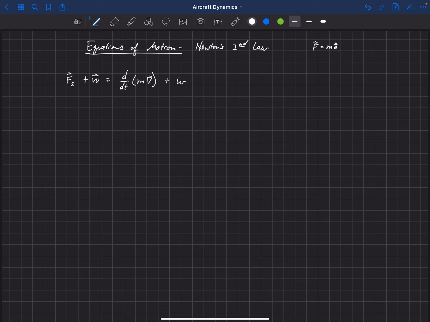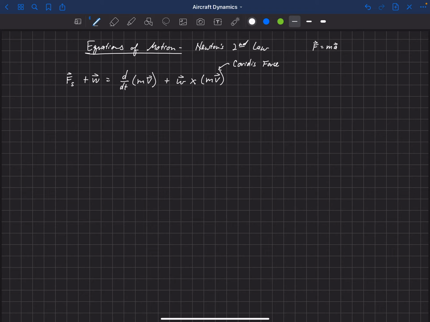And so that is equal to omega, the rotation rate, and that's a vector about all three axes, crossed with mass times velocity. Okay, so these are called Coriolis forces, all right? Again, this is a fictitious force.